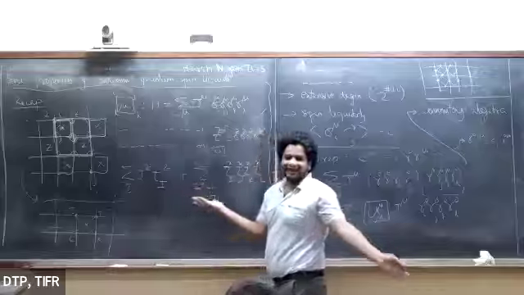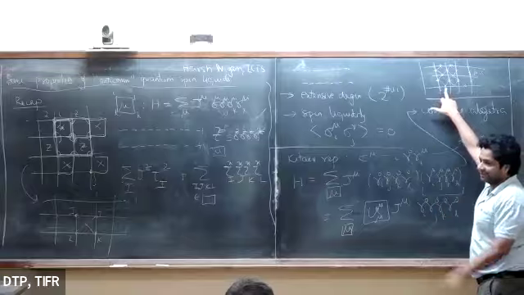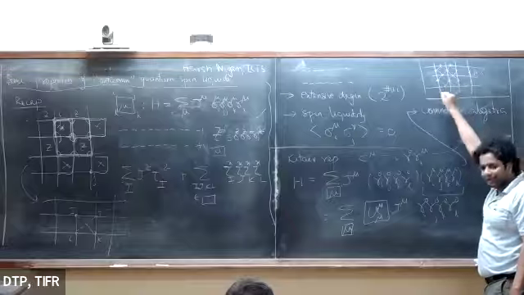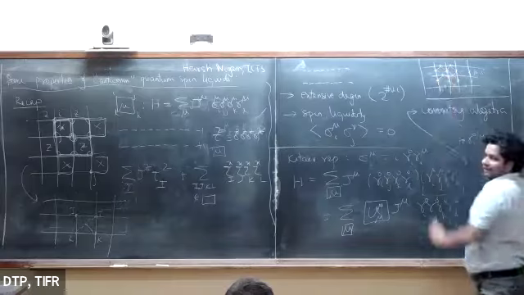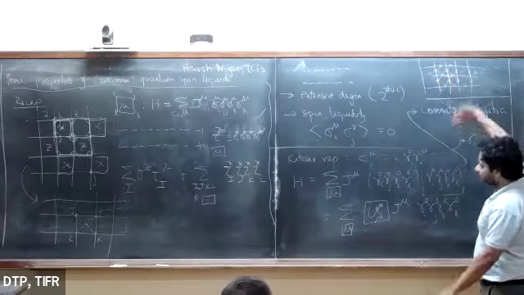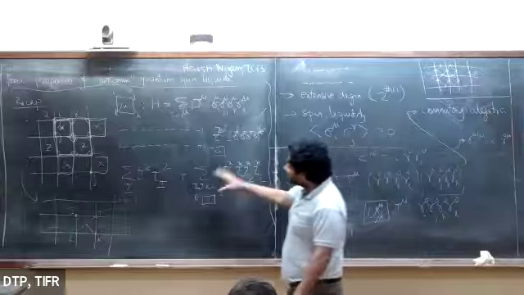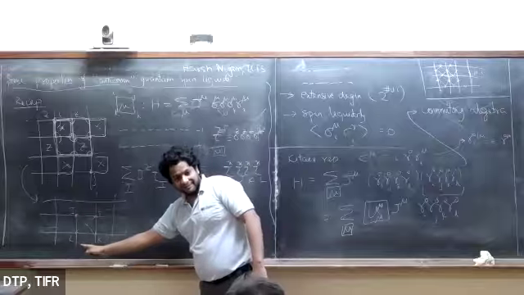So the Hamiltonian exactly looks like this, except the degrees of freedom live on the midpoint of the links. This, it turns out, has a local Z2 transformation. You can do a Z2 transformation on this star, change the signs, that does not change the Hamiltonian. Okay? So, but this block decimated Hamiltonian, the degrees of freedom actually live on the sides.